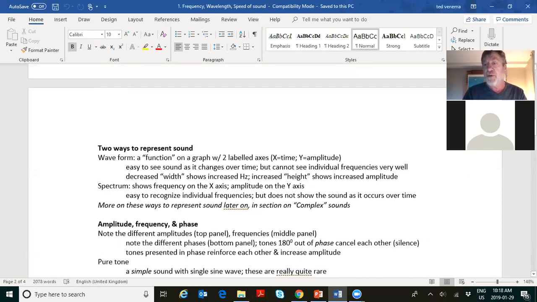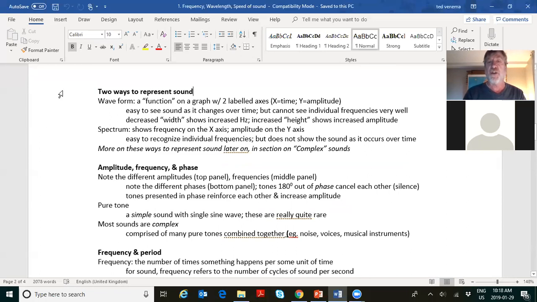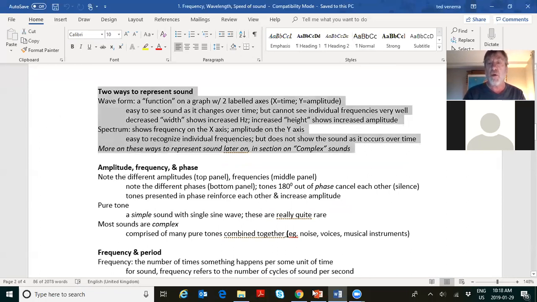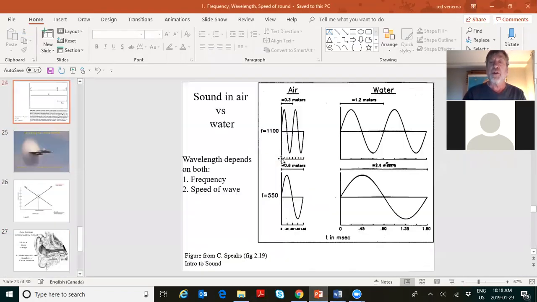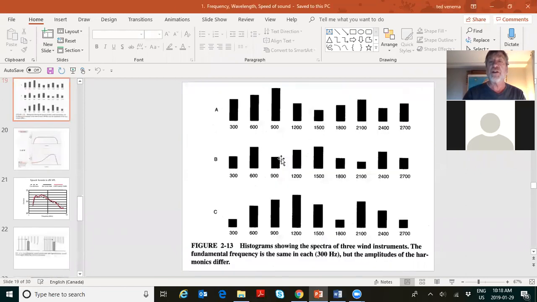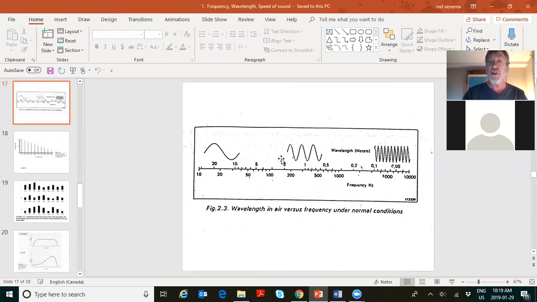Two ways to represent sound. This is something you might take a look at here just for the fun of it, and I'll tell you why. Because when we look at our PowerPoint slides, you're going to see things illustrated many times like this. A spectrum. So we can draw things like sound waves. Those are sound waves.